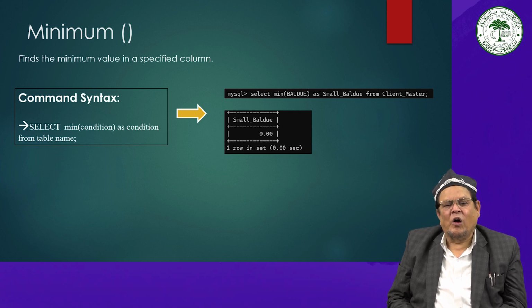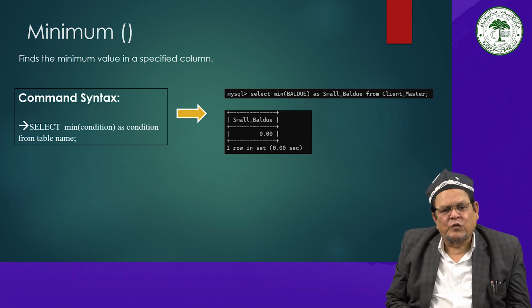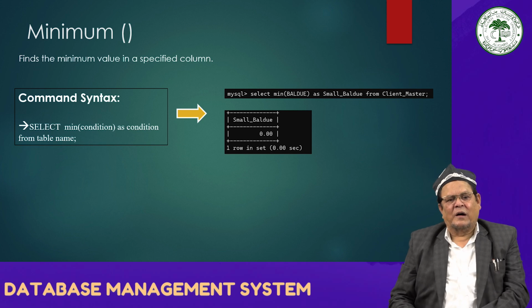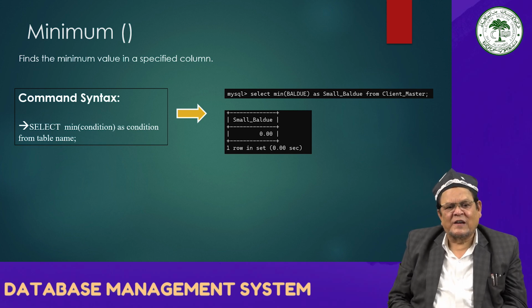If you want to know what is the maximum marks a student has obtained in the class, you can write select maximum marks from the student table. It will show 95, 80, 85, whatever. So in this way, it will be very useful. Both commands, minimum and maximum, are very useful to understand the progress report of a student also.